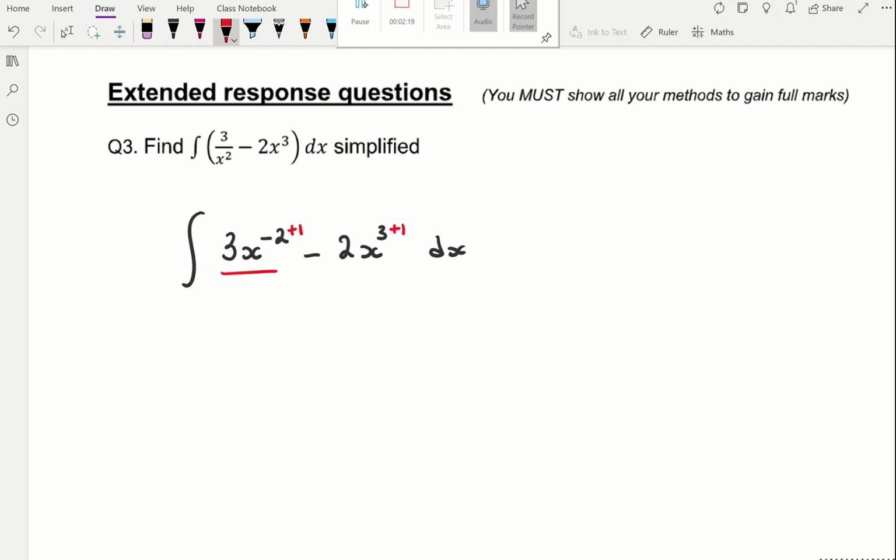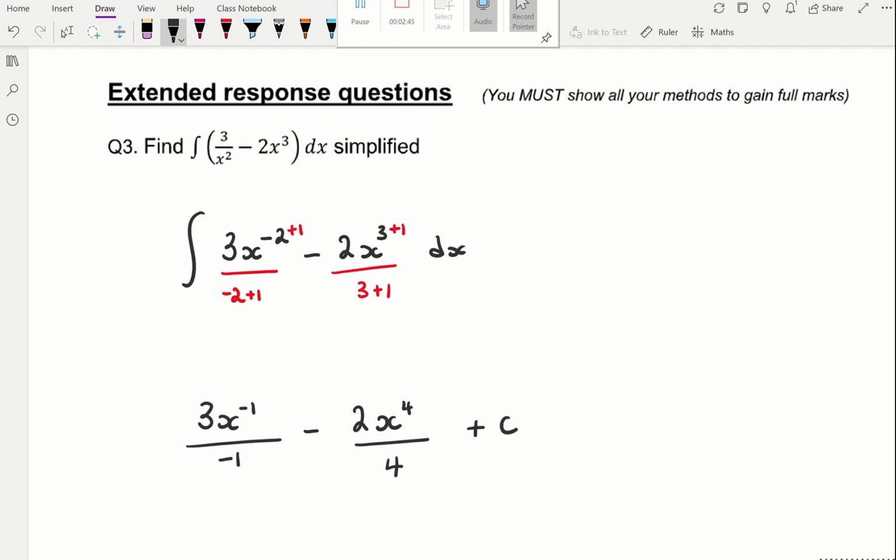And I am dividing by that new power. So I have 3x to the power of negative 1 divided by negative 1 minus 2x to the power of 4 divided by 4 and plus c.